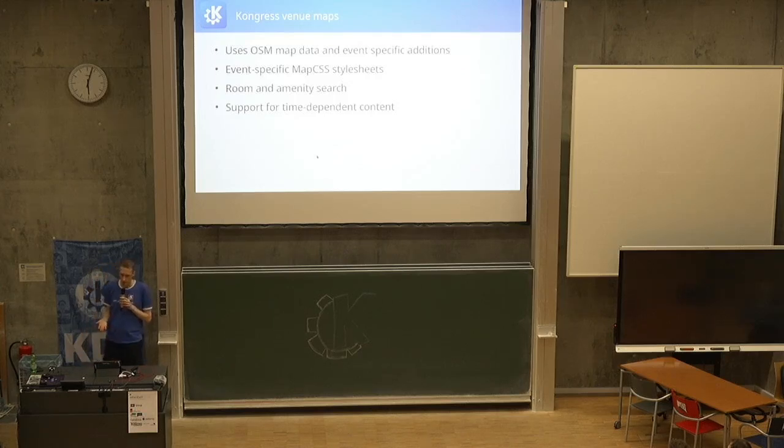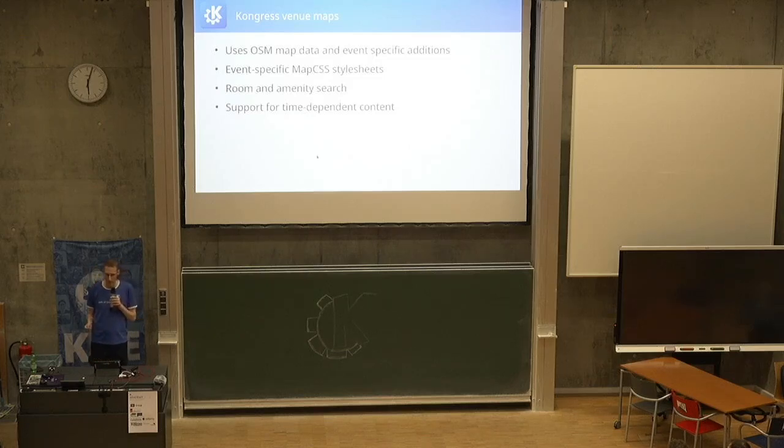Similar for the styles. The map renderer uses something called MapCSS. So that's like web CSS, just matching to map content rather than document content. And with that, we make our talk rooms blue and our BOF rooms green and show them at a lower zoom level already. And for everything else, it cascades to the base style.